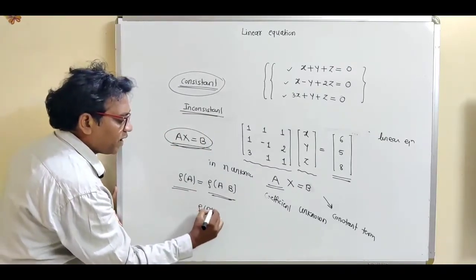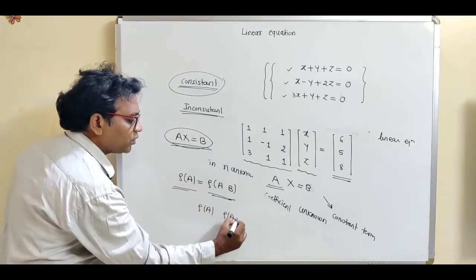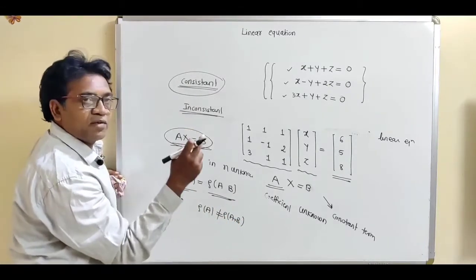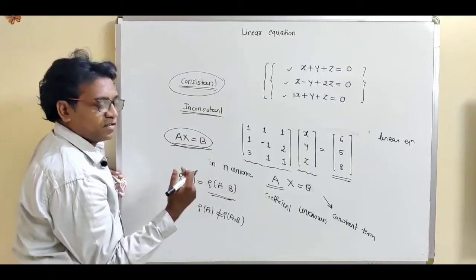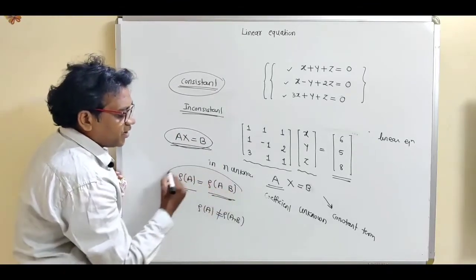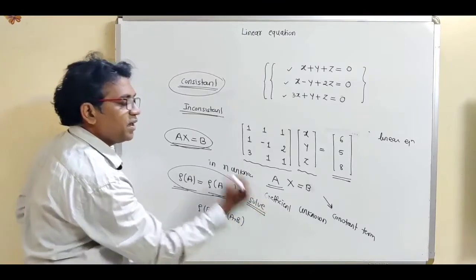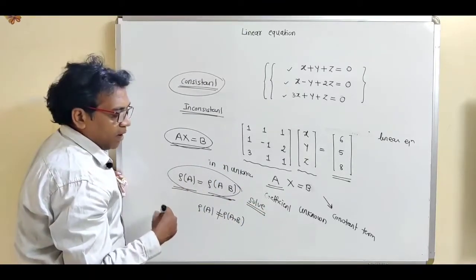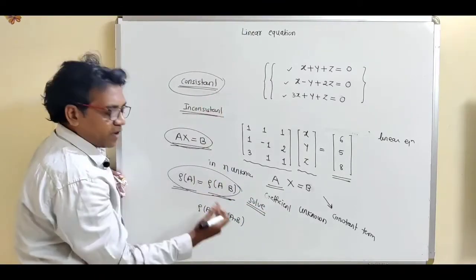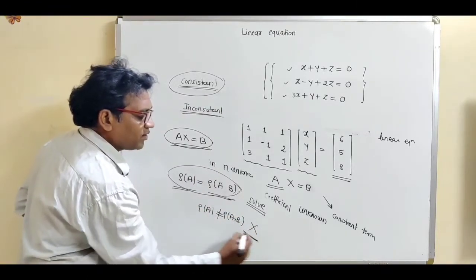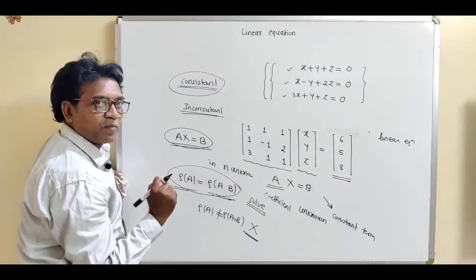If the rank of A and the rank of AB are different, then we can say that the system of linear equations is said to be inconsistent. Consistent means we can solve this system of linear equations. If the system is inconsistent, that means we cannot solve it.